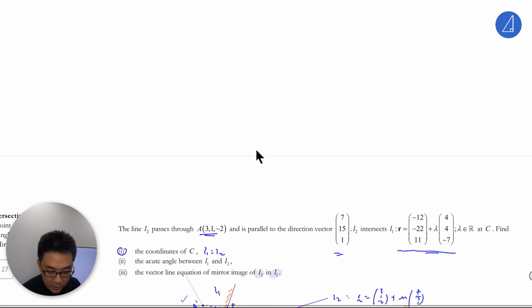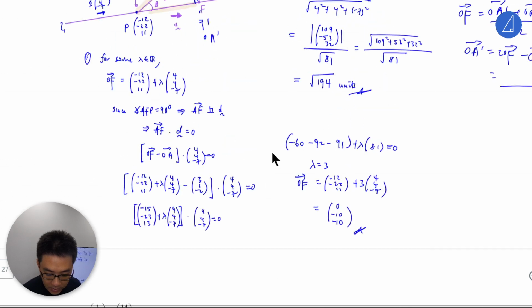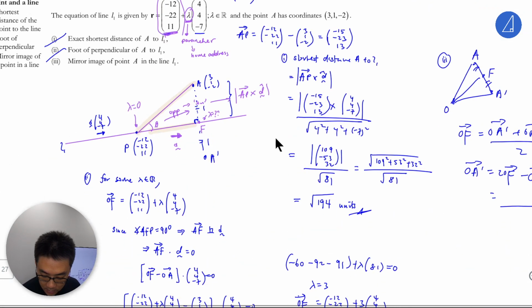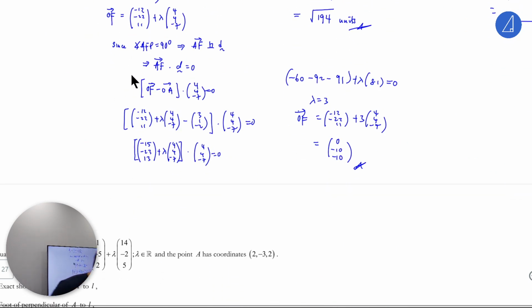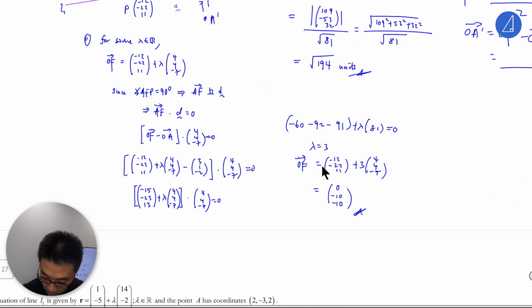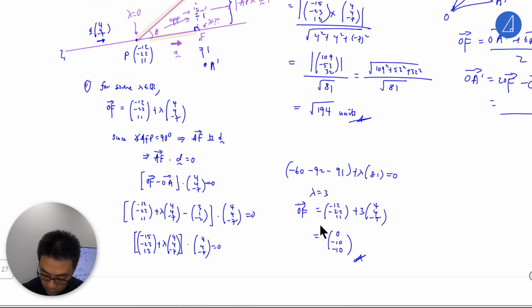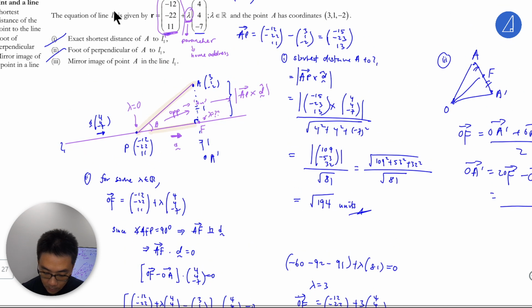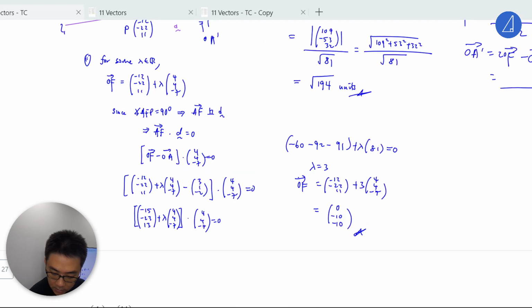Because we need this F, and previously we already found F, I'm not sure where the F is. F is here, the foot of perpendicular from A to L1, part 2. The answer for the foot was wrong, because the one that we got was the mirror image of point A in L1. So I'll just take the answer out.